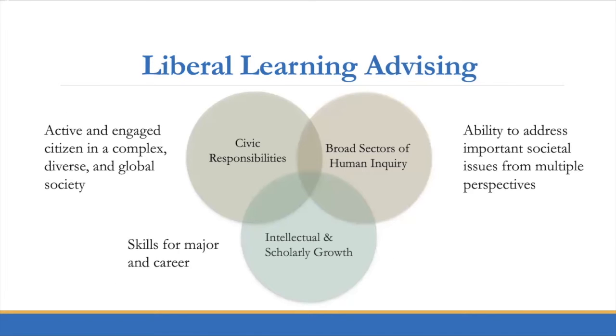When we talk about liberal learning courses, there's actually three types of courses we're discussing. Often when students refer to liberal learning courses, they're actually talking about courses within the broad sectors of human inquiry, but there are three different spheres: the civic responsibilities, broad sectors of human inquiry, and intellectual and scholarly growth.